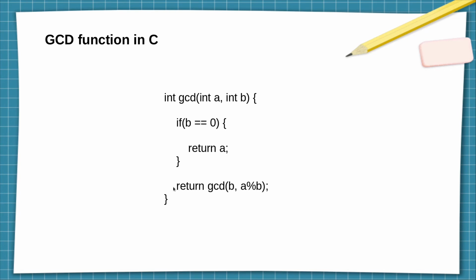And if this condition is false, then we again recursively call the same function with the value b and the remainder of a divided by b, and we call this function recursively until this condition is true.